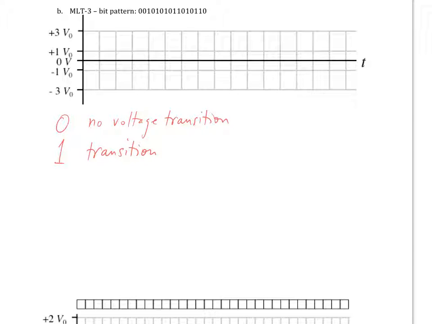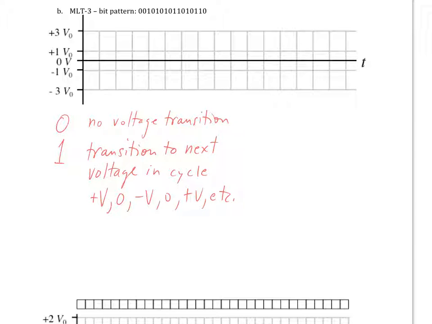through a sequence or a cycle to the next voltage in the cycle, where we cycle from plus V to 0 to minus V to 0 to plus V, etc. Okay, so we're sort of cycling up and down, up, 0, down, 0, up, and we cycle through those.